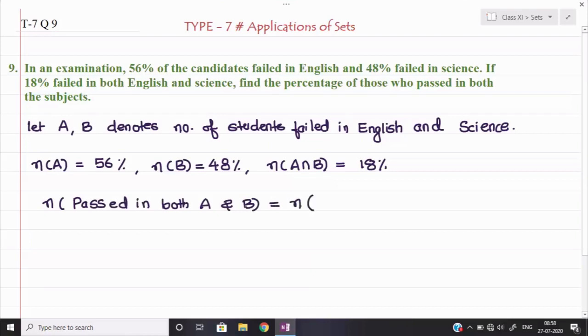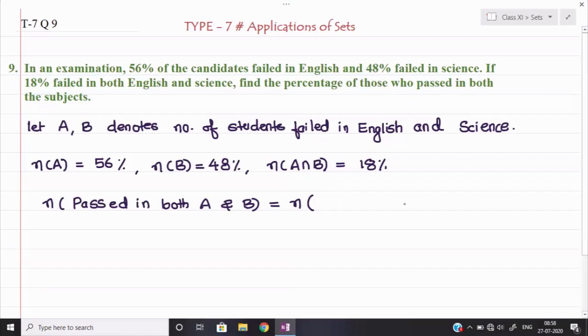Number of students who passed in both A and B. But A and B, what do they denote? The number of students failed. Means if I take the opposite of A, it shows pass. If I take A, it will show fail. So opposite of A will be showing pass here. So opposite of A means we shall show here by A dash.